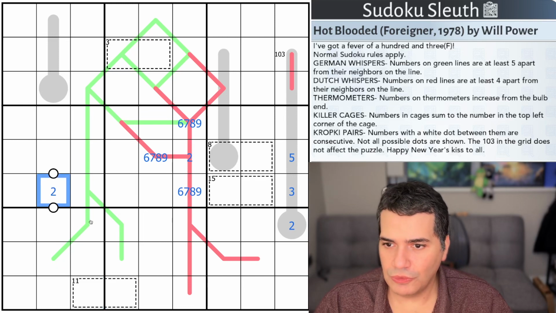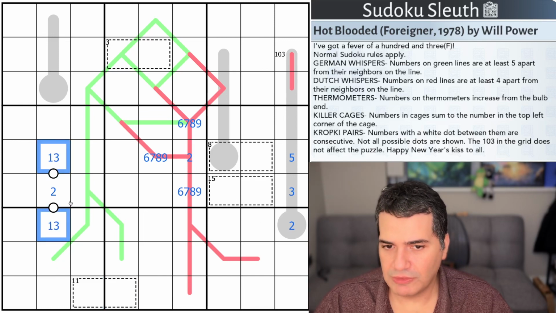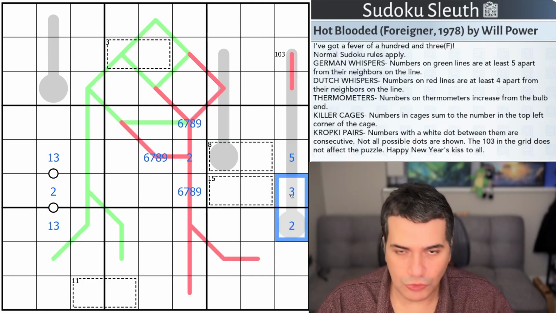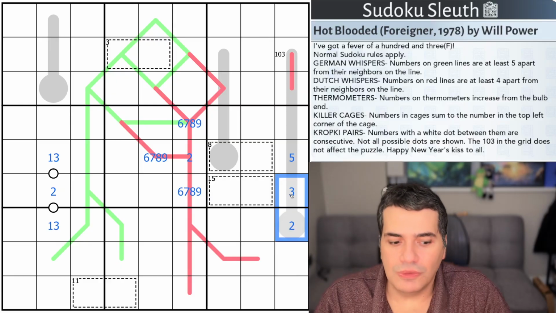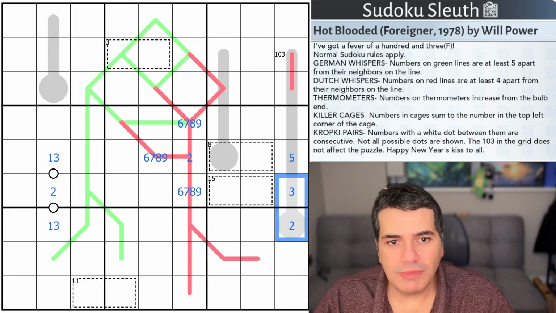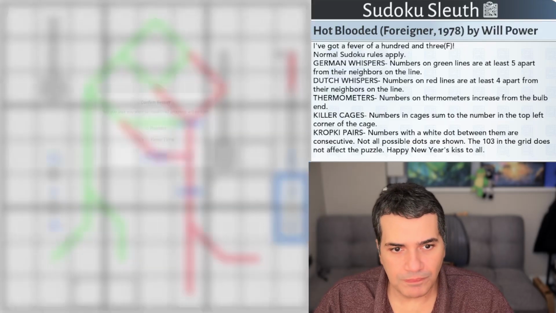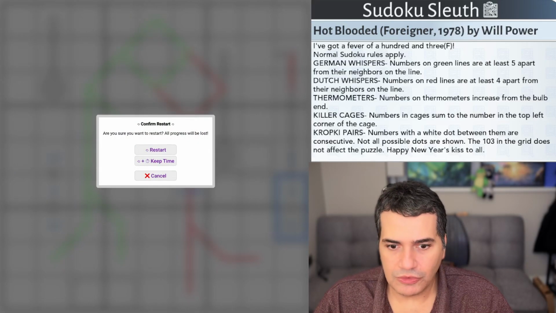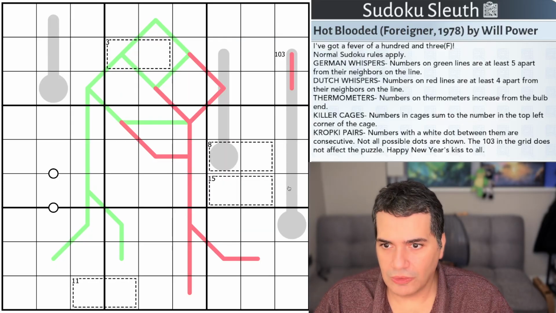So, if this is a 2, for these to be consecutive, this would have to be 1 or 3, for example. And the lack of negative constraint means that a 2 and 3 without a white dot is totally allowed. So that's all the rules for everybody. As always, if you want to play along, the link will be in the description down below. And with that said, I'm going to restart the clock and see how I get on.